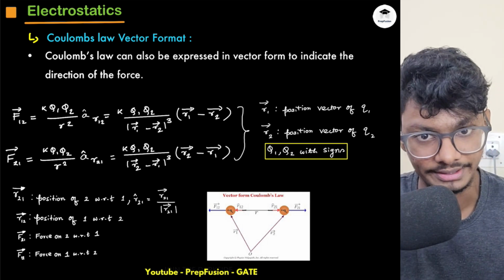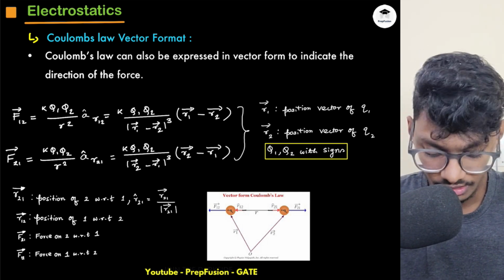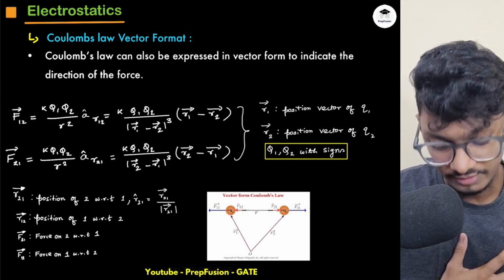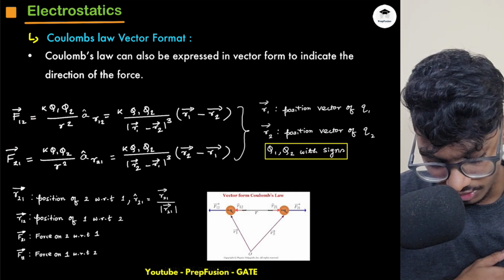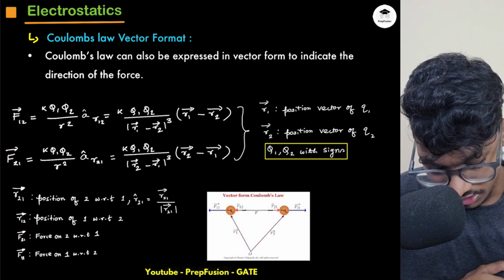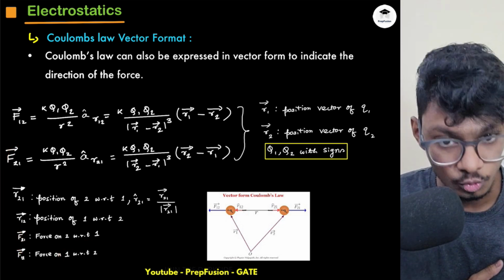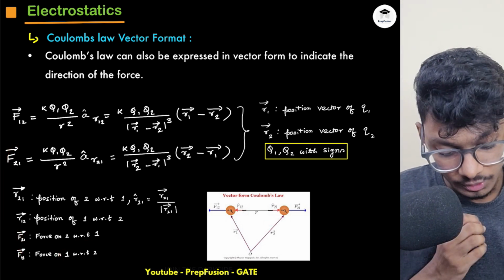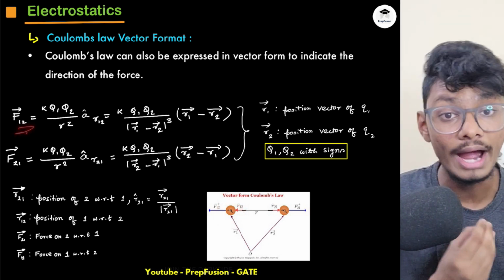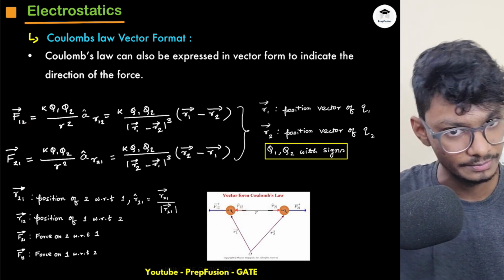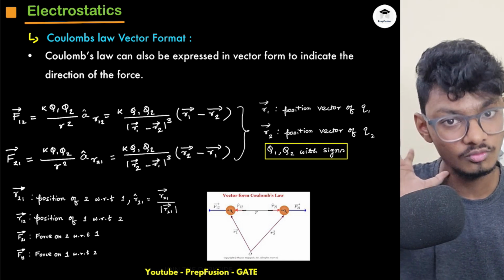Coulomb's law in vector format, the most important format. What is this F12? F12 is defined as the force on 1 due to 2: due to 2, how much force am I receiving? Many teachers define it differently, so you need to follow one certain convention.